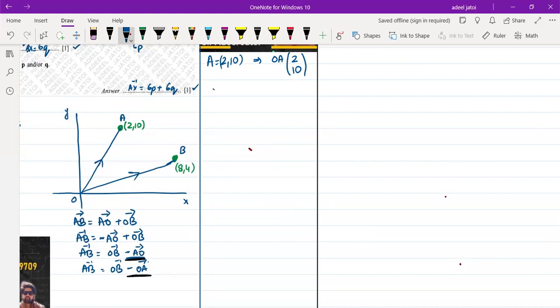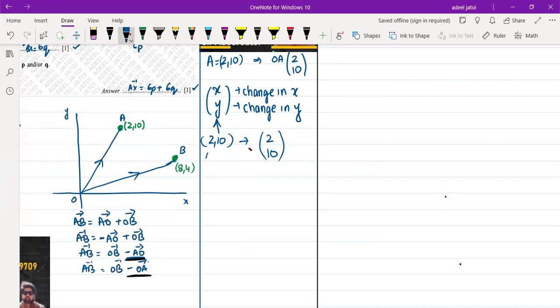Column vector form is X and Y, showing change in X and change in Y. This is the coordinate of A, but this shows the vector OA.